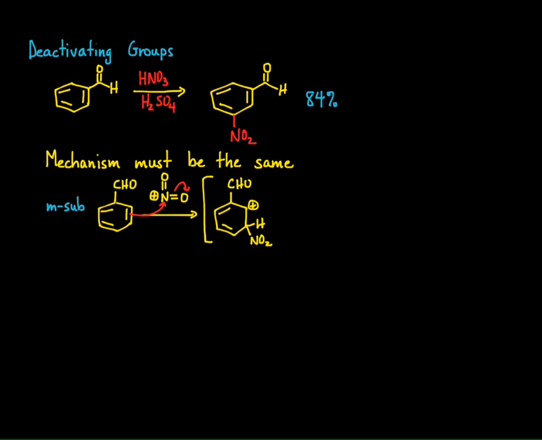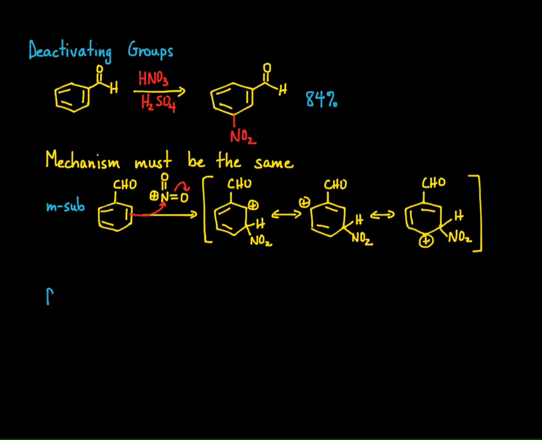And as we just saw previously, we can draw resonance structures, placing the positive charge on the left-hand side of the aldehyde, and then another resonance structure placing the carbocation para to the aldehyde.